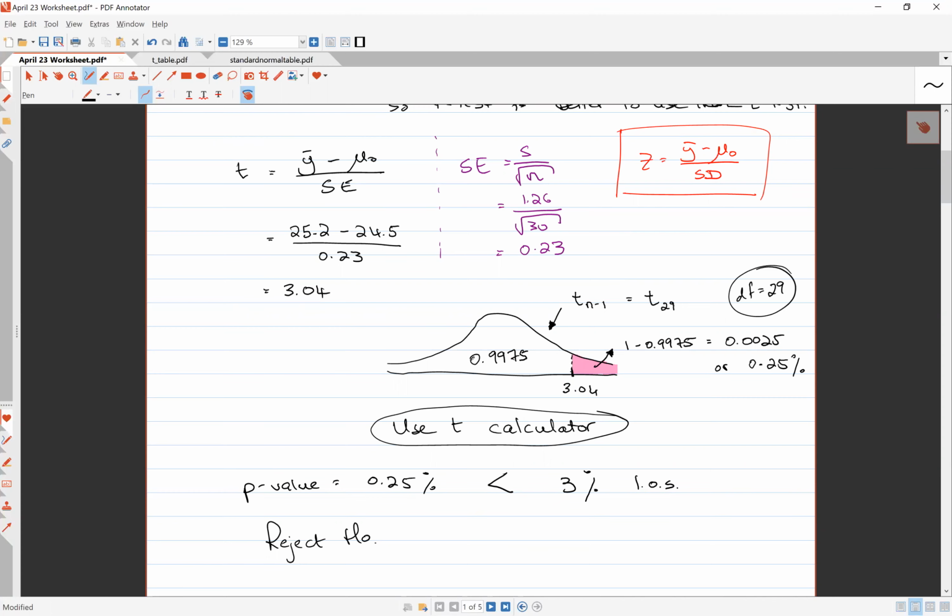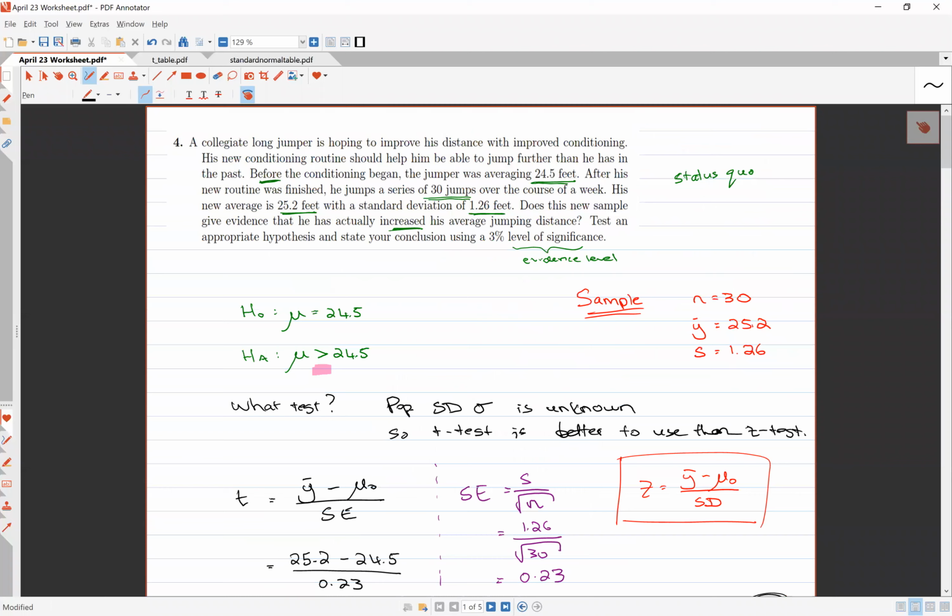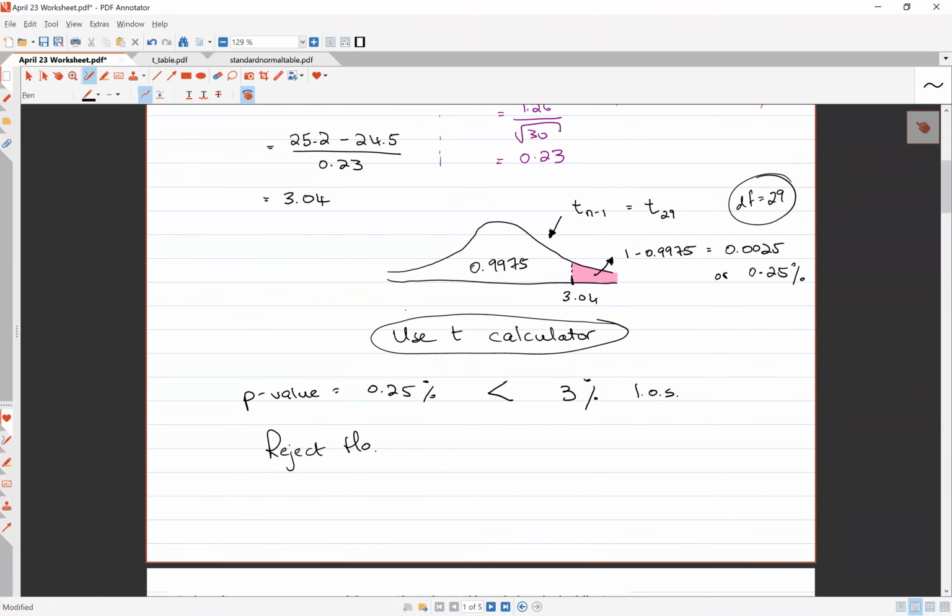Now, in this case, this is probably a good thing. Right, our null hypothesis said that the athlete is still jumping 24.5 feet on average. The alternative says there's been an improvement. And if we reject the null hypothesis, then the most plausible truth is what we state under the alternative.